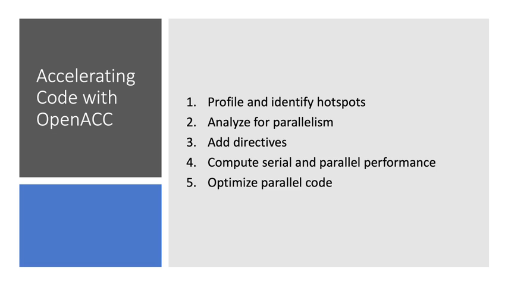Fourth, it is important that you benchmark your code, that is, compute serial and parallel performance. All forms of parallelism, whether using OpenACC or GPUs or any other tool for any parallel computing architecture, introduce overhead. It is therefore important to make sure that what you have done is actually improving performance.